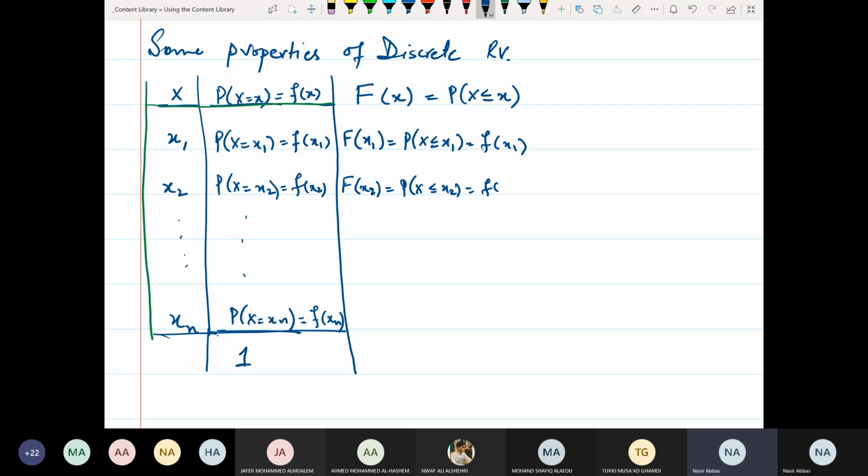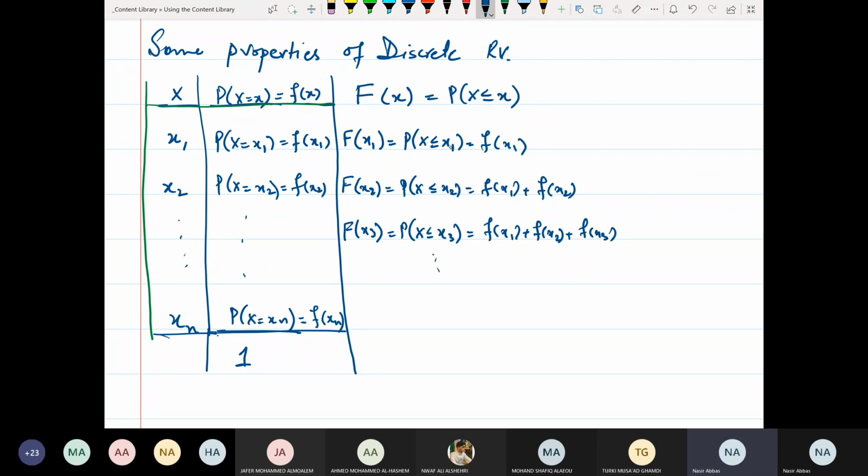And this will be f of X1 plus f of X2. For the third one, it will be capital F of X3. That is probability of X less than equal to X3. And this is going to be f of X1 plus f of X2 plus f of X3.